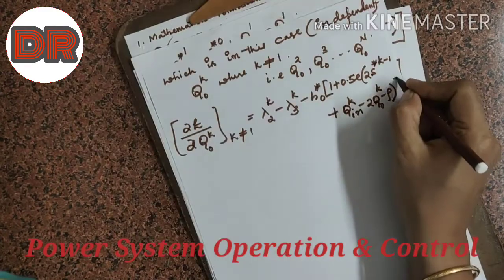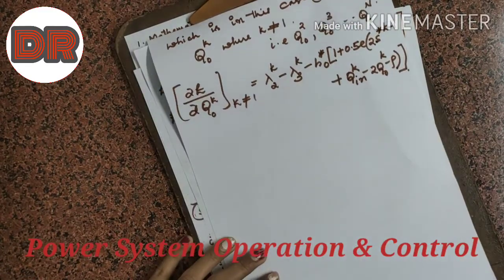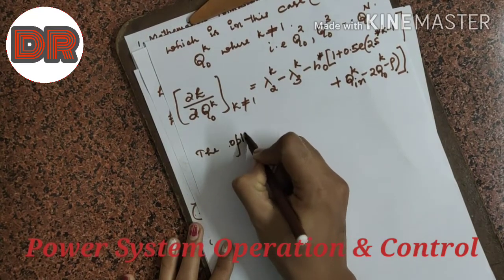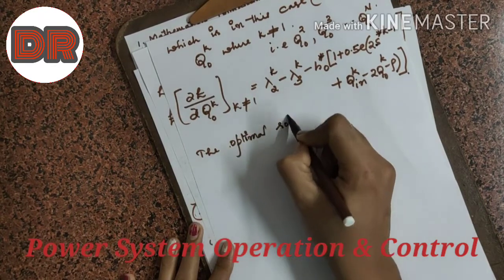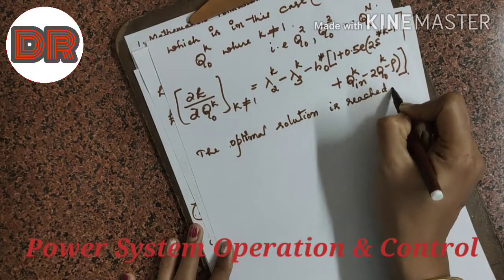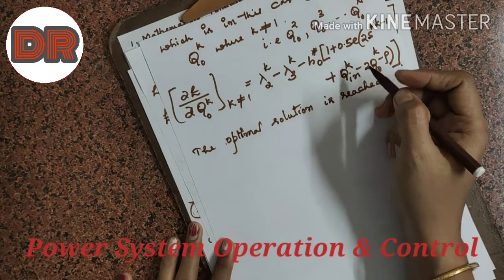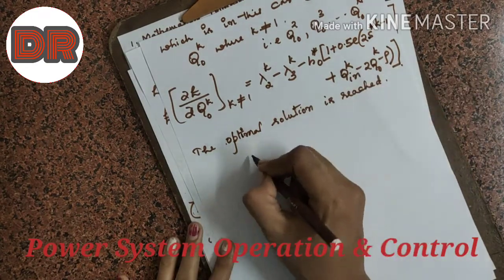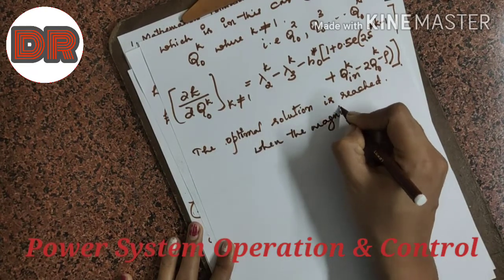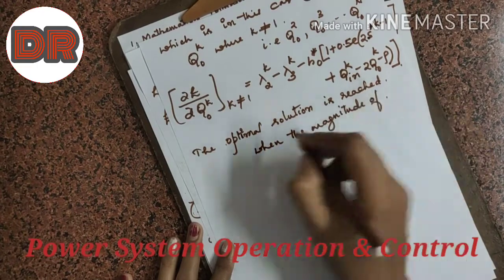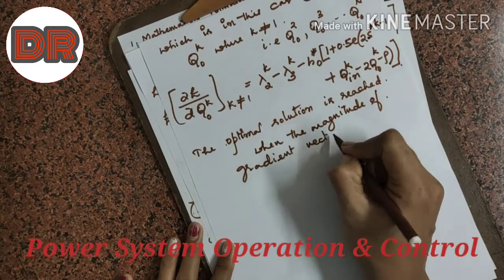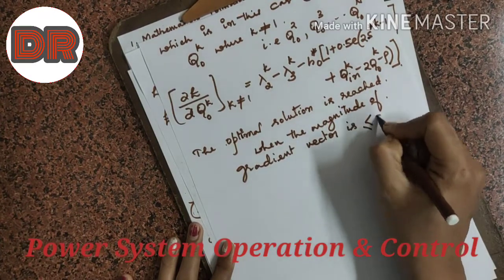So this gives, so the optimal solution is reached when the magnitude of the gradient vector is less than or equal to epsilon 1.